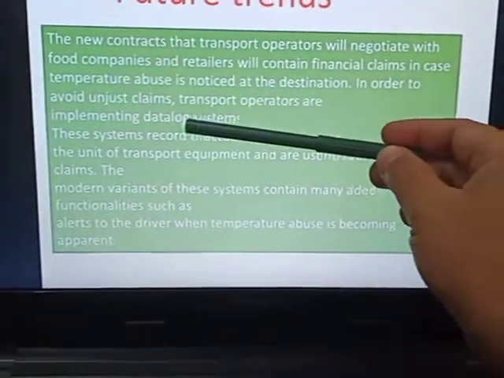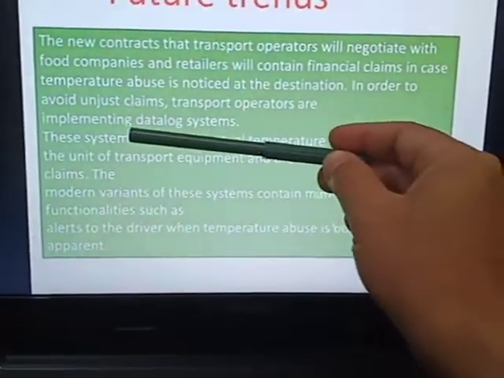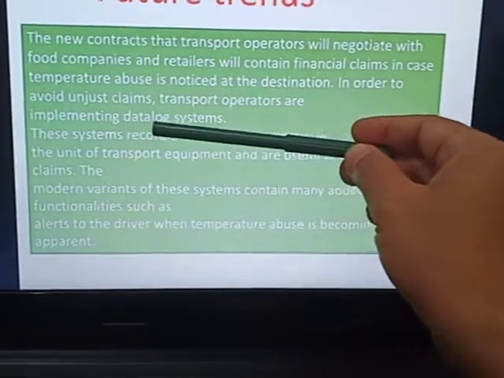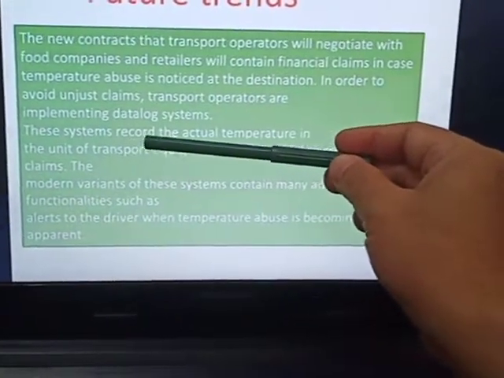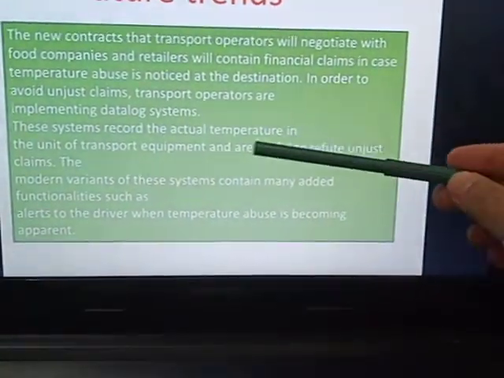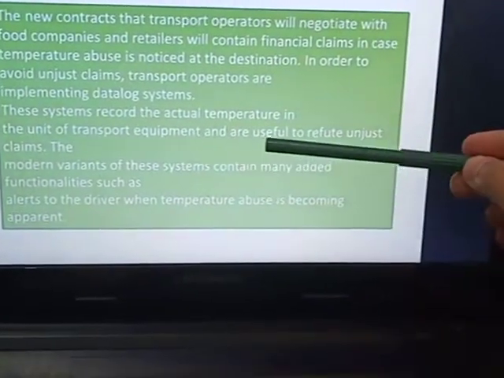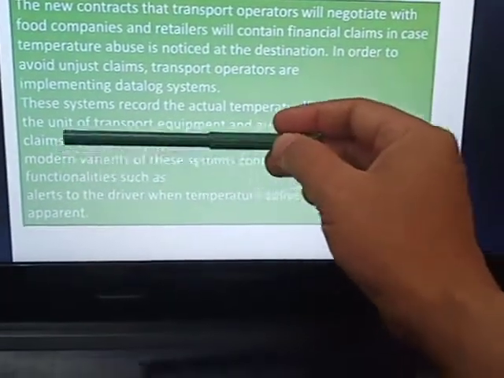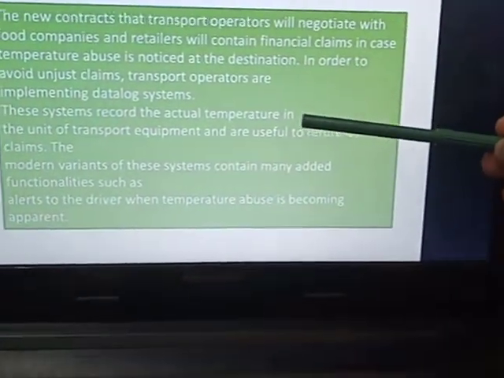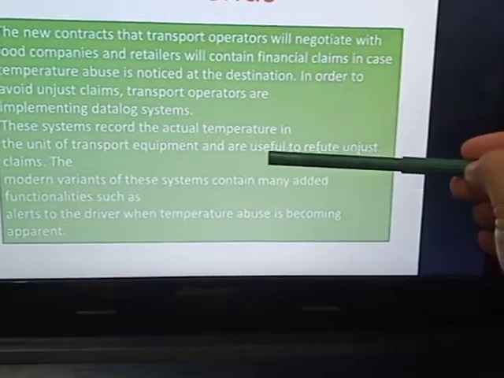So the future is how they can maintain the data log system in a very systematic way. This system records the actual temperature in the unit transport equipment and is useful to refute unjust claims. So they can record and then they can be observed in real time.